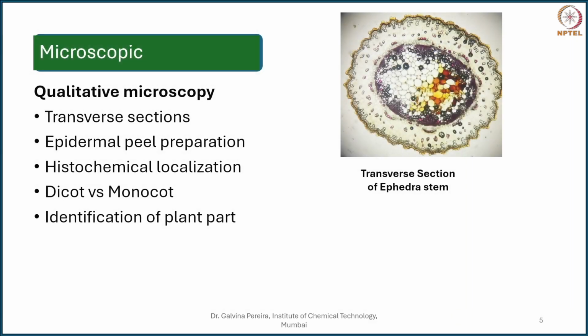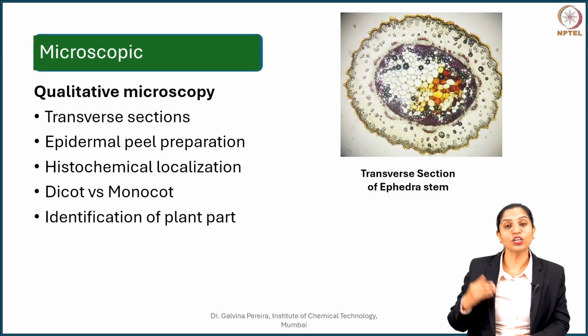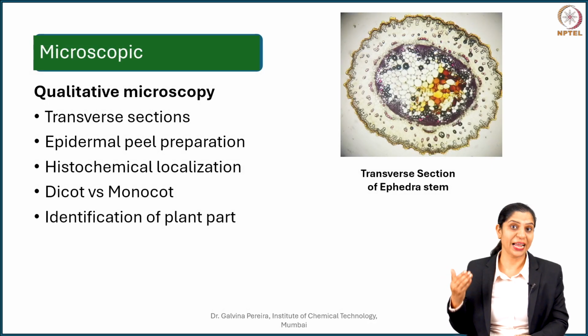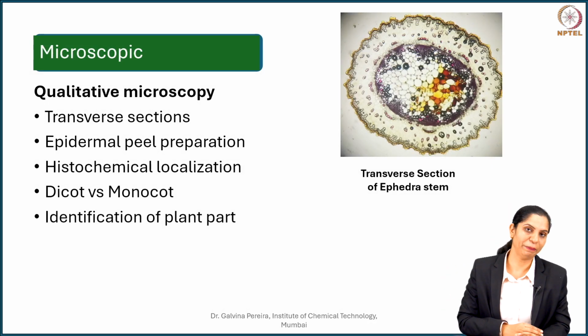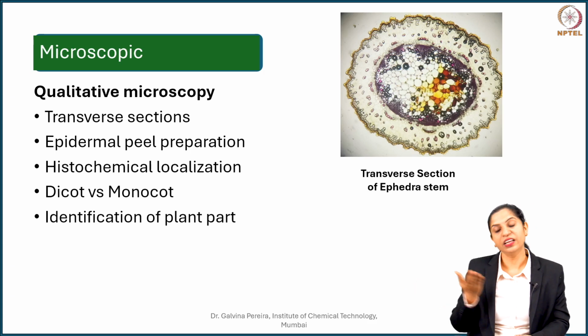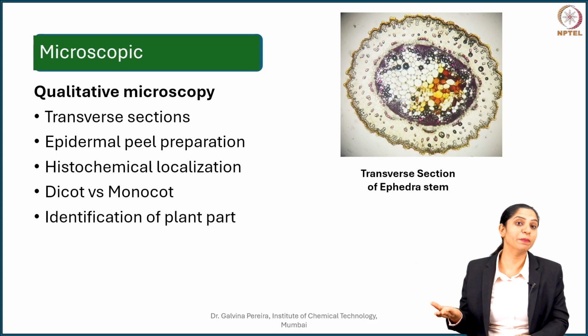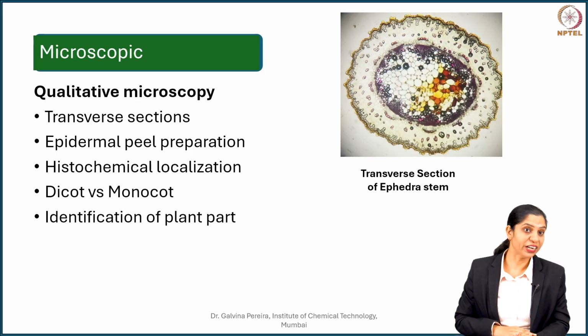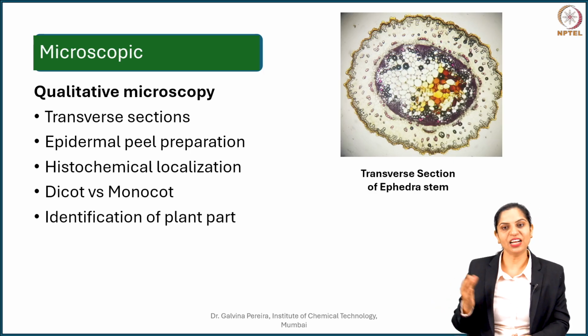Moving on to the next very important method, and that's your microscopic evaluation. When you're not sure of the drug by macroscopy or by organoleptic evaluation, maybe you can take the drug, cut a thin slice of it, and put it under the microscope. We call these transverse sections, and they help us understand the drug.